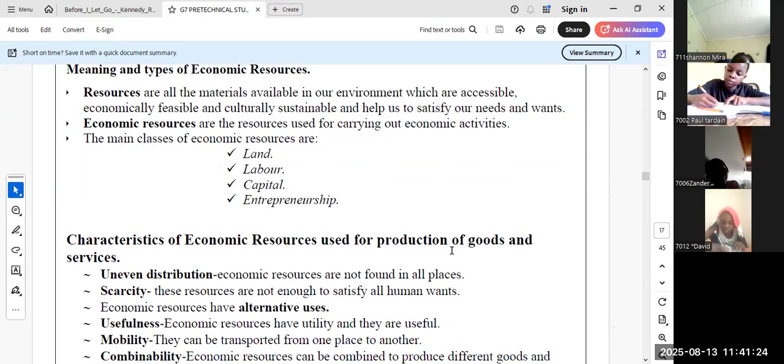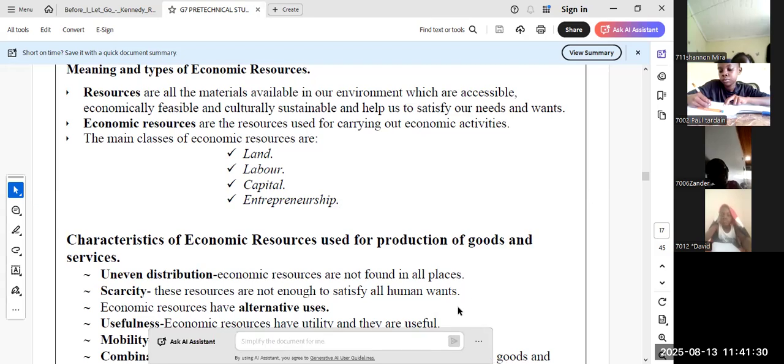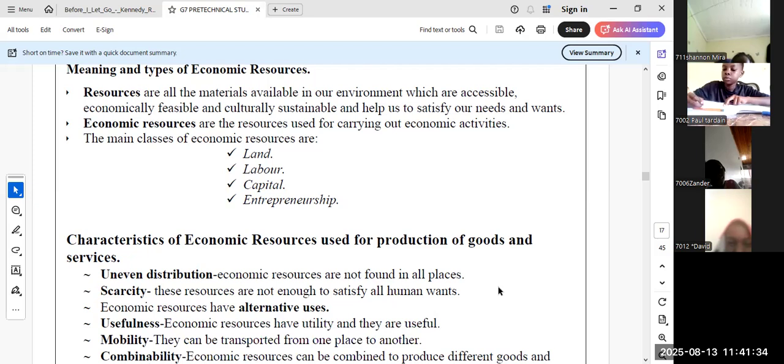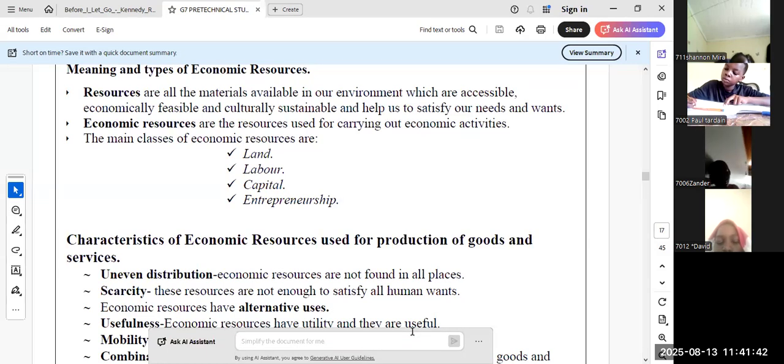David, what is the first characteristic of economic resources? Uneven distribution. Economic resources are not found in all places.